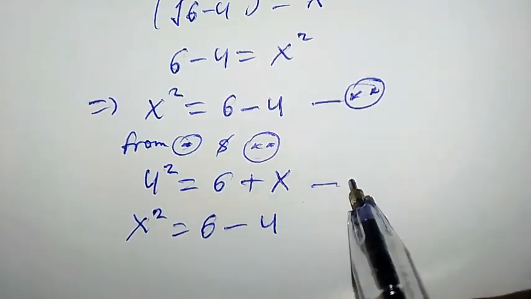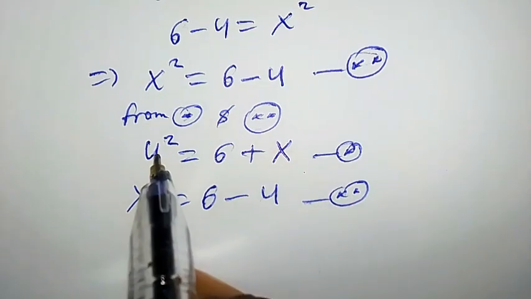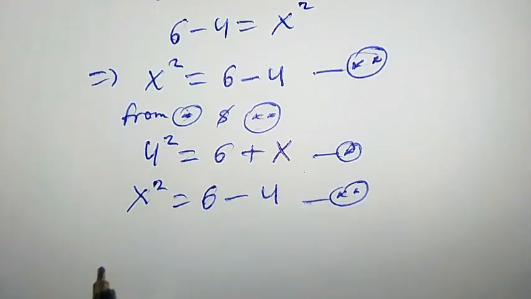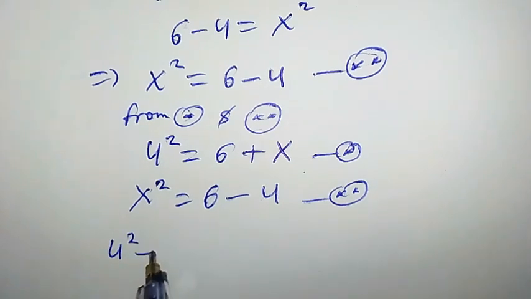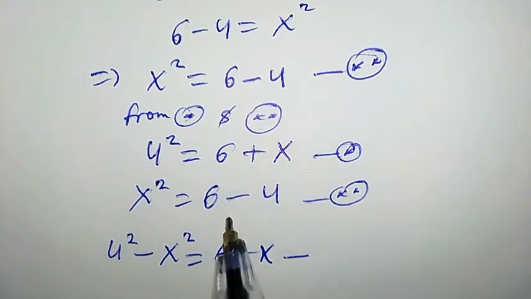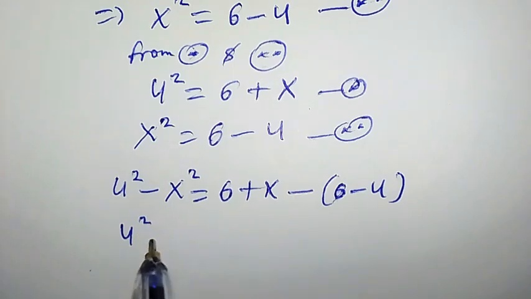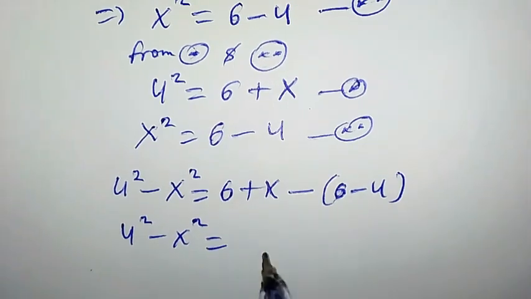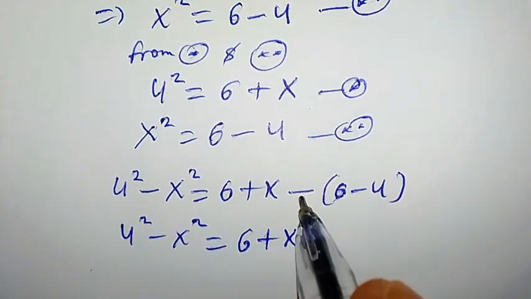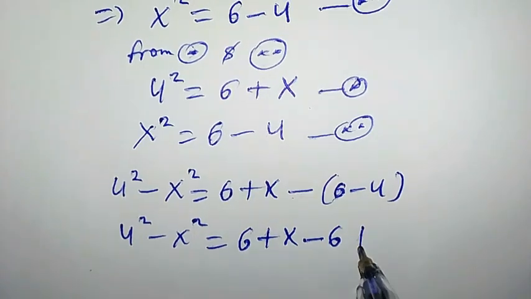So, equation star minus equation star star, that will be u to the power of 2 minus x to the power of 2 equal to this guy, 6 plus x minus this, 6 minus u. U to the power of 2 minus x to the power of 2 is equal to 6 plus x minus times 6, that is negative 6, minus times minus u, that is plus u.